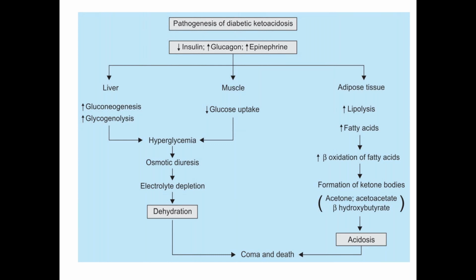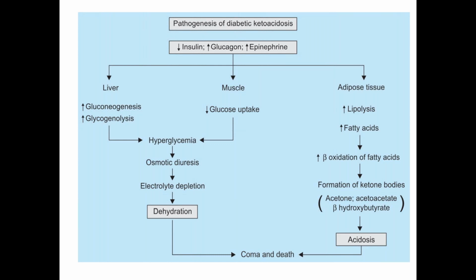In the liver, these increased free fatty acids are metabolized, that is beta oxidation of fatty acids. This is an important source of energy in diabetics. In the absence of adequate utilization of glucose, these fatty acids become the source of energy.